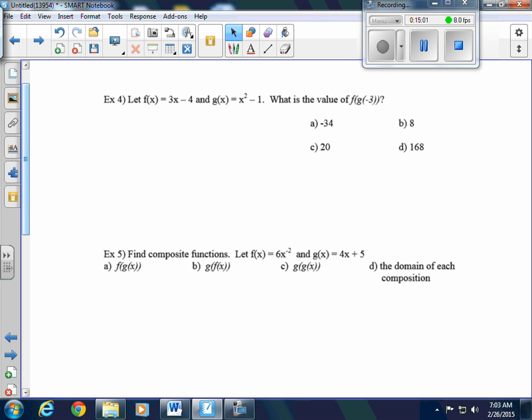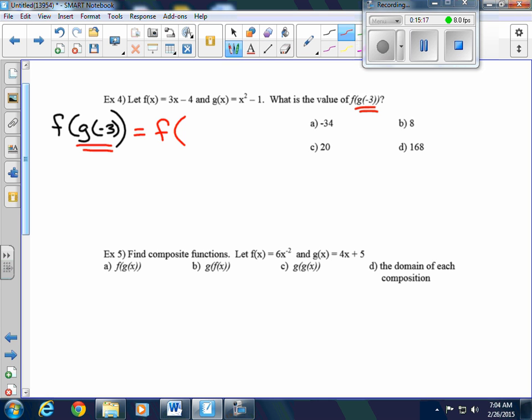Now here our goal is to find f of g of -3. So we're going to start from the inside out. We're going to take this part of it, the g of -3, and we're going to find that. Realistically, all we're doing is putting -3 in for x.